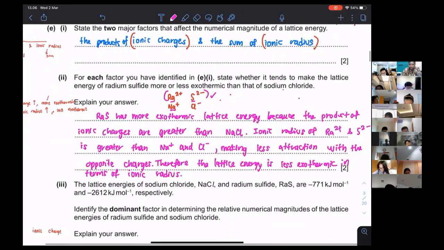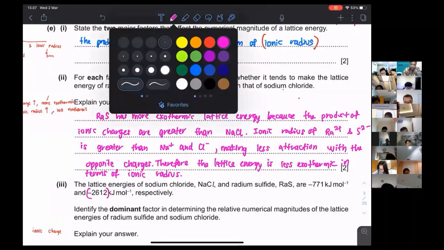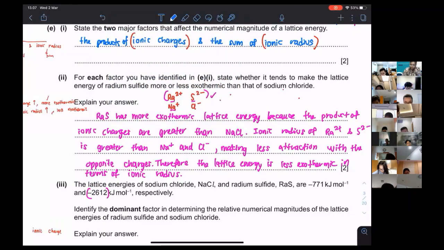Now they're telling us the lattice energy of sodium chloride and radium sulfide, and they say radium sulfide is more exothermic. According to our previous answer, radium sulfide can have either more exothermic or less exothermic, but in this case they are focused on more exothermic.